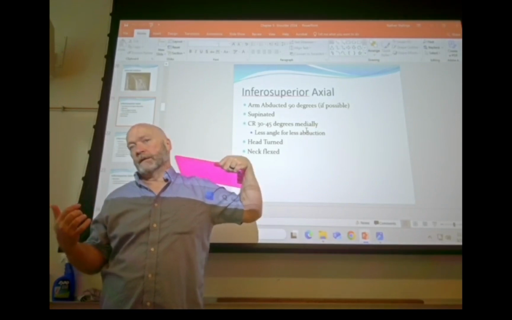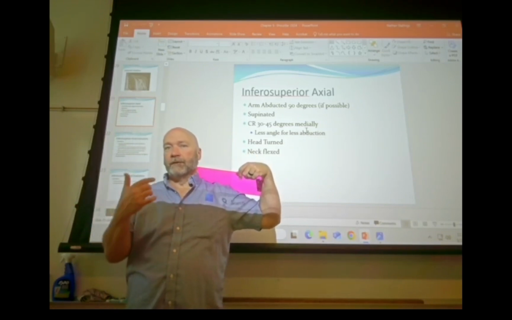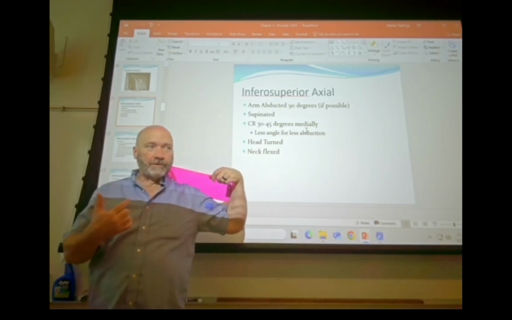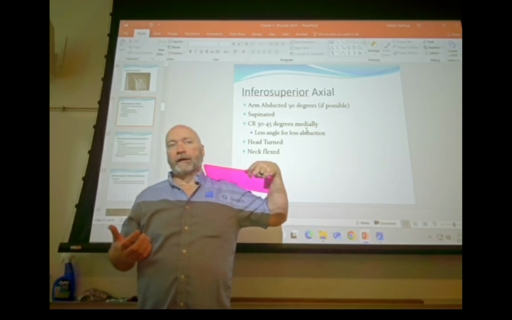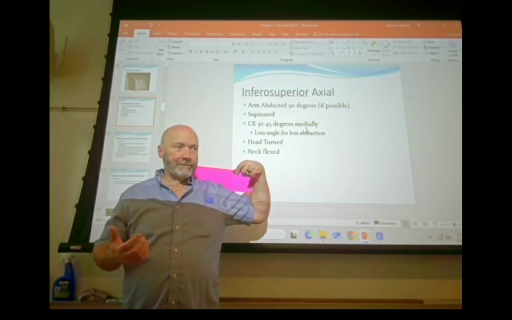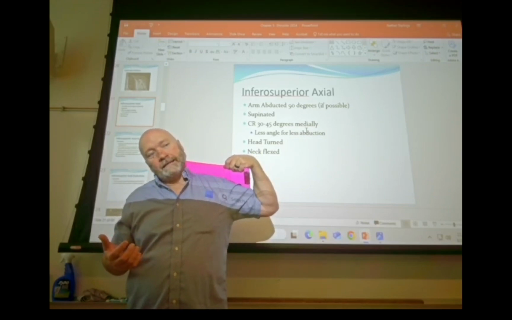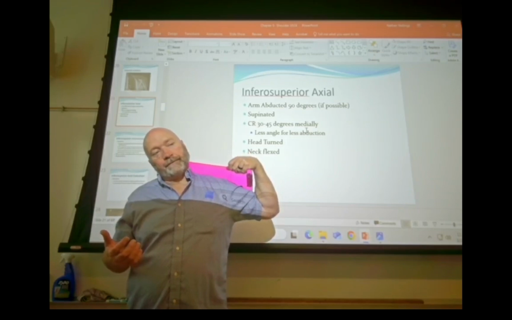When you bend the neck in the opposite direction of the anatomy that we're trying to get an image of, then you're limited by how far the image receptor can go in. But just look at how much more that buys if I just bend my neck over a little bit, right?